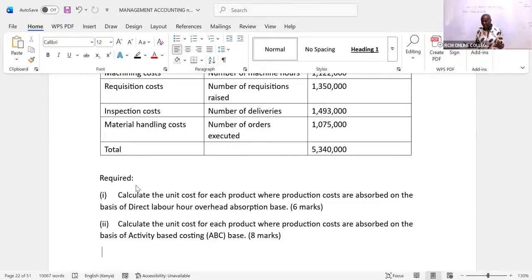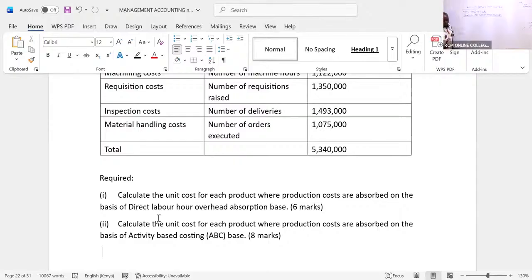We analyze the factors. So, cost driver analysis, or analysis of cost drivers. Mention there analysis of cost drivers, or in brackets here, factors.